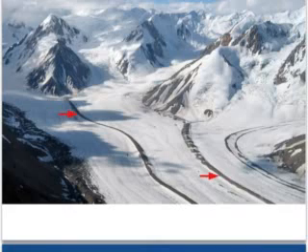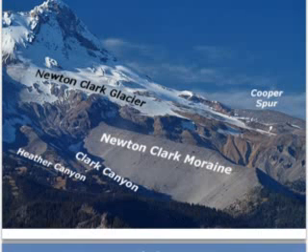Now, if this glacier melted, we wouldn't just find a pile of lateral moraine at the side, we would also find a ridge of moraine running down the length of the valley. In fact, another one there and another one here. We'd have 1, 2, 3, 4 ridges of medial moraine. This is a glacier in America, and in fact we can see one of these ridges of medial moraine.